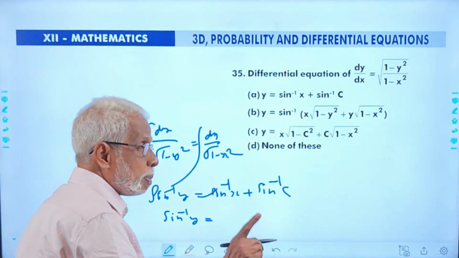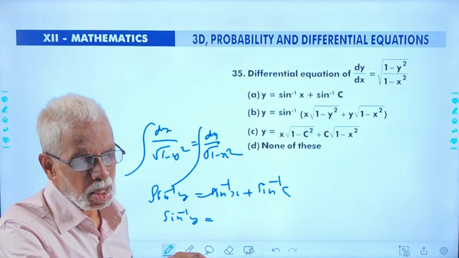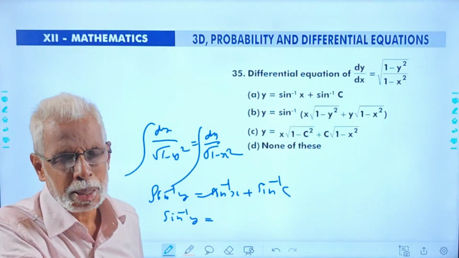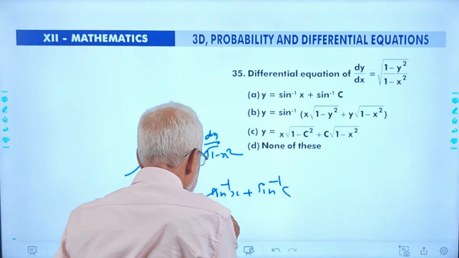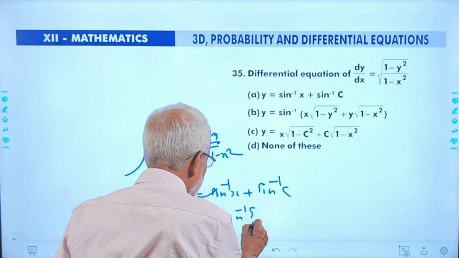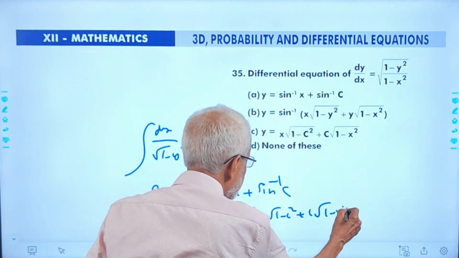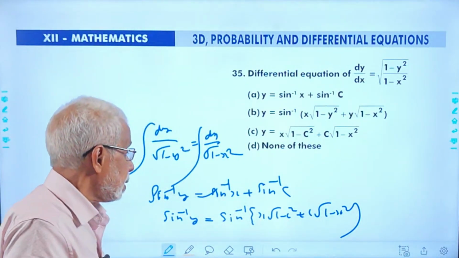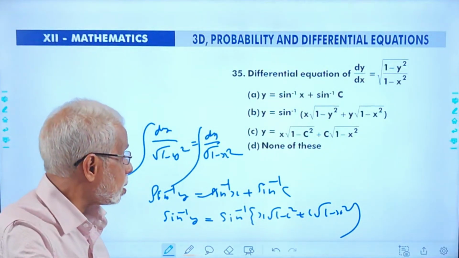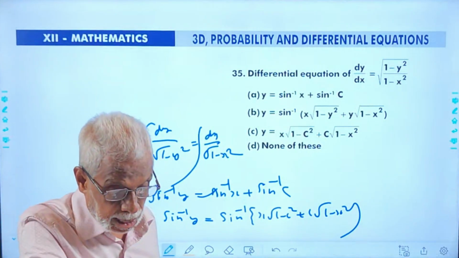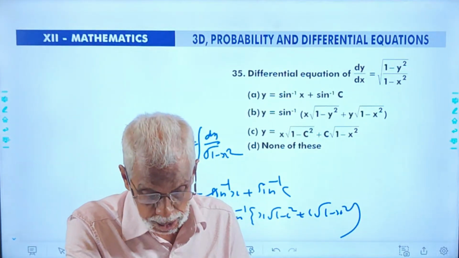What is sin inverse x plus sin inverse y? Sin inverse x into root of 1 minus y square plus y into root of 1 minus x square. Therefore, sin inverse x into root of 1 minus c square plus c into root of 1 minus x square. Then y is equal to x into root of 1 minus c square plus c into root of 1 minus x square. The correct choice is C choice.